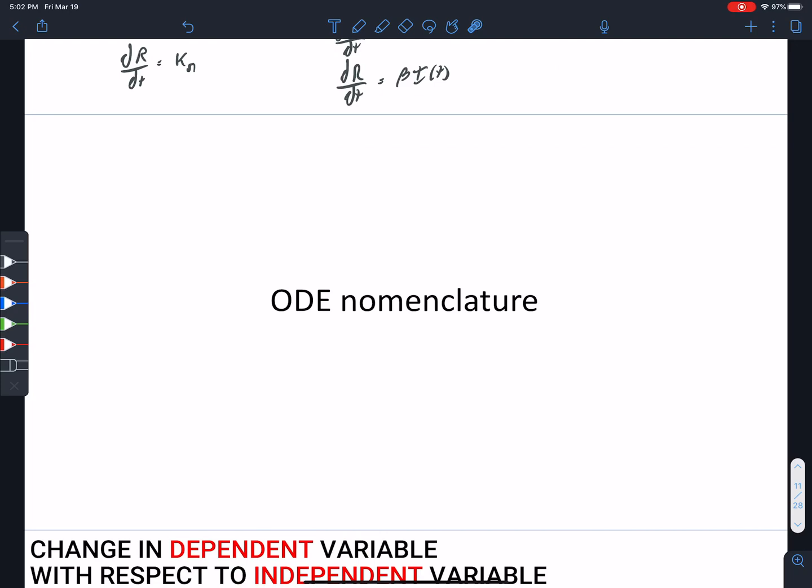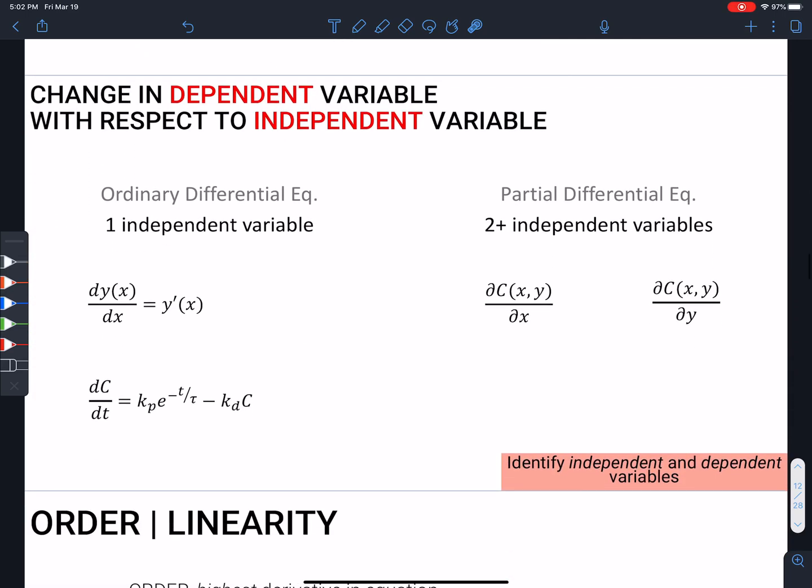Let's talk a little bit about ODE nomenclature. The important thing to keep in mind is that an ordinary differential equation is an expression of change in the dependent variable with respect to the independent variable, right?